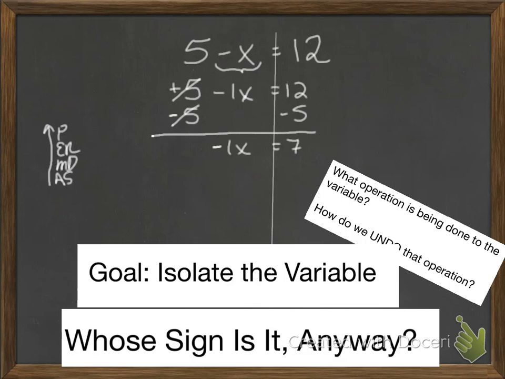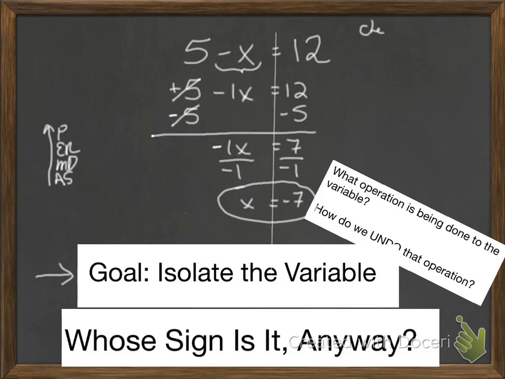So that tells us we're not done, right? I have not yet reached my ultimate goal, which is isolating the variable. The negative 1 is still attached to the x through multiplication. We undo multiplication by dividing. So we have x equals 7 over negative 1, and you can do that in your head or with a calculator, and you get x equals negative 7.